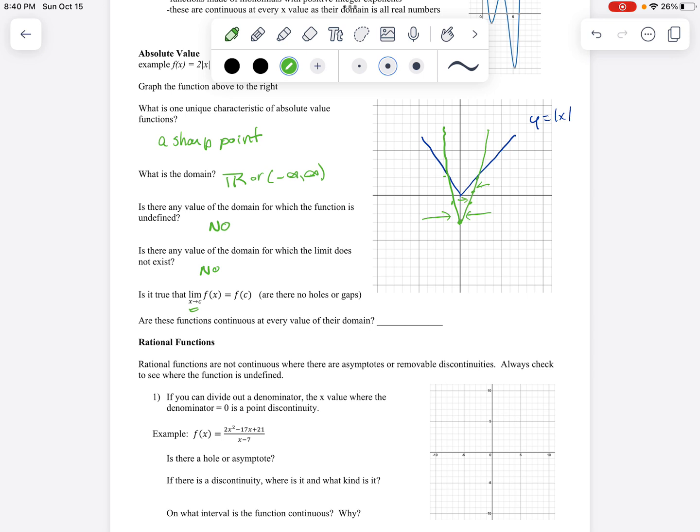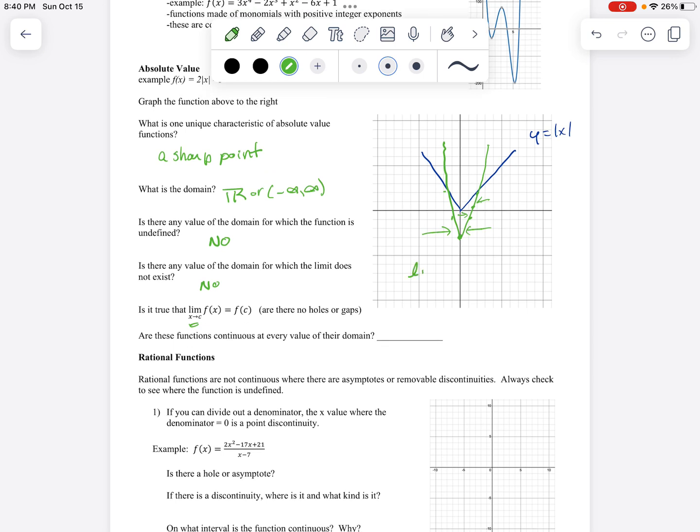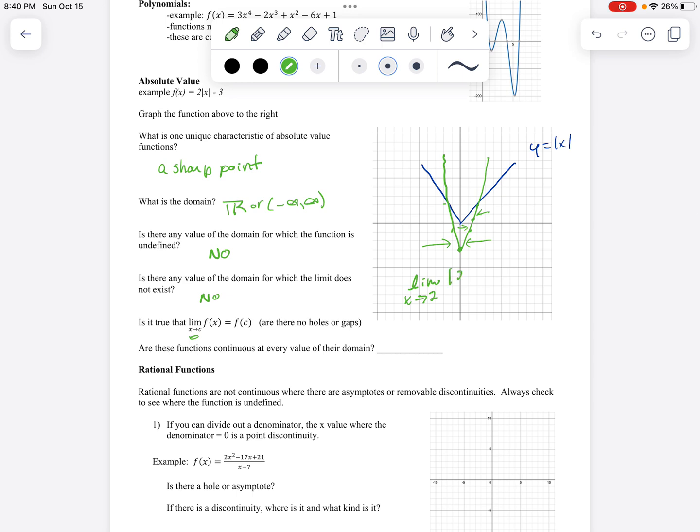So, for example, in this case, the limit, let's just say, as x approaches 2, of my function, which is 2 absolute value of x minus 3, the limit of that is actually 2 times 2 minus 3, or 1.